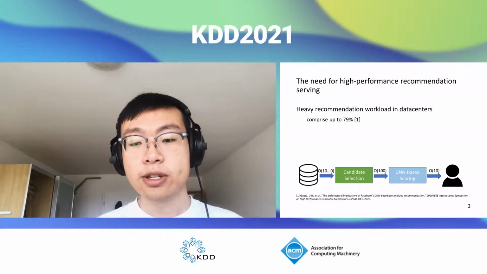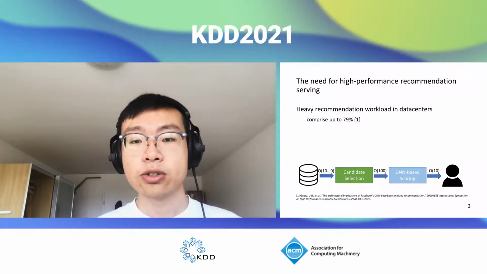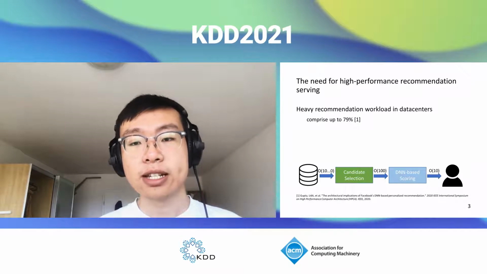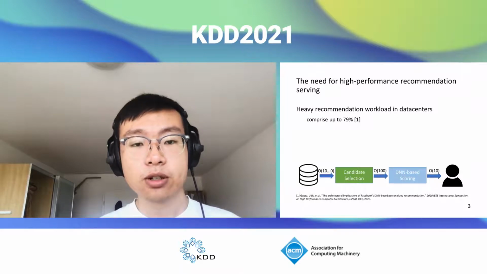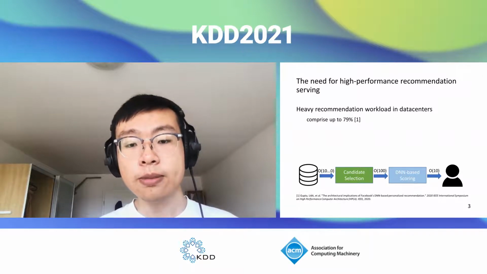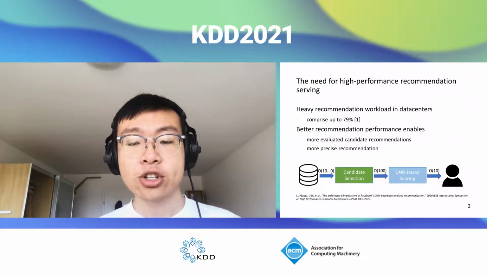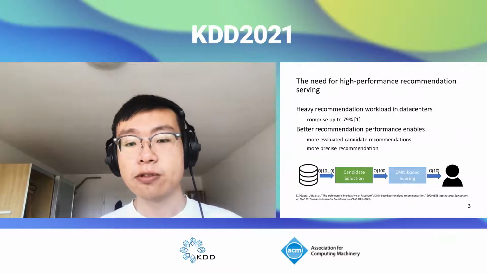It turns out this DNN-based scoring is actually quite heavy in data centers. According to some company, 80% of workloads running in some of their data centers are this DNN-based recommendation system. So it's pretty expensive. Besides that, the reason why we do candidate selection before the DNN scoring is due to the limited performance.